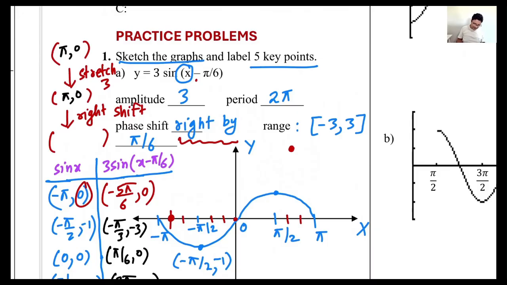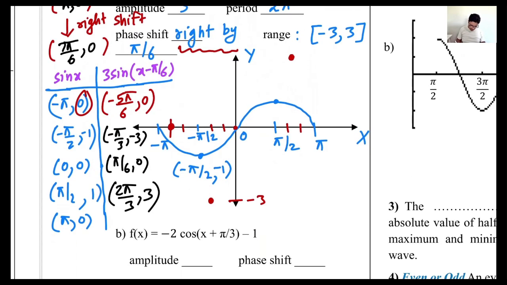When you stretch, nothing happens to the y coordinate. Then you add pi over 6 to the right. Clearly, that will be 7 pi over 6, 0. And that's your image, 7 pi over 6, 0. Here, after pi, add pi over 6 to it. You are there. I'll probably show it like that.